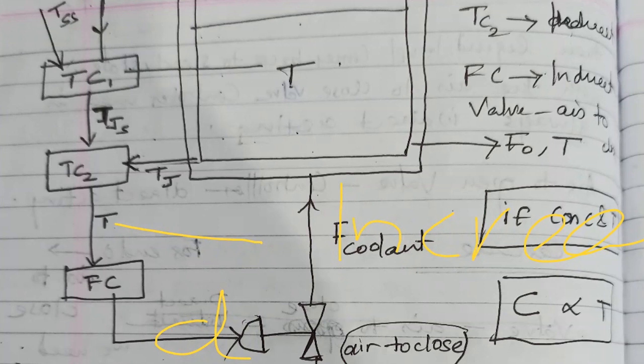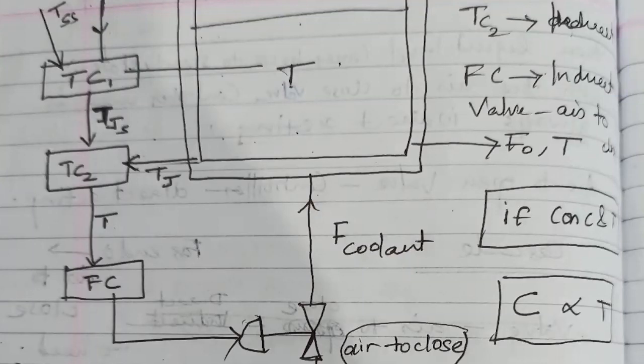Clear? I hope we have explained the same thing in the class also with three or four more examples. Since it is a revision, I think only one is enough. So those who were saying flow controller direct, I hope you understood how it is indirect. I hope the confusion is gone now.